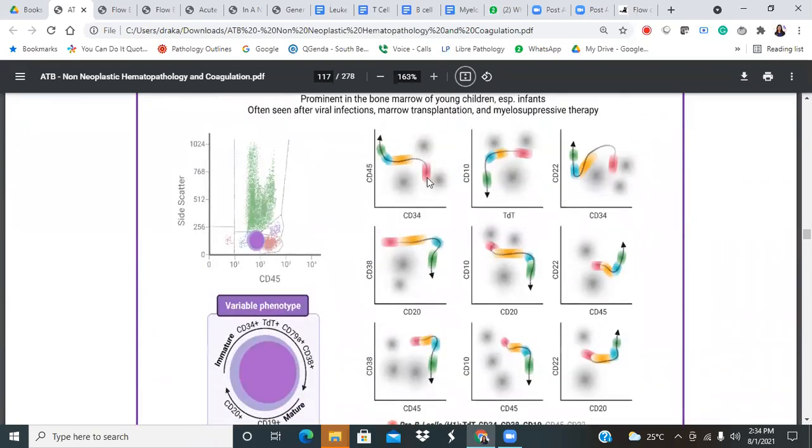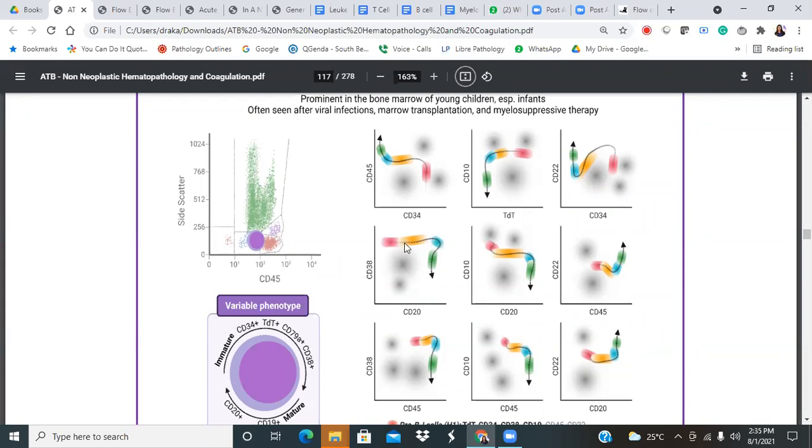So let's see over here what's going on. This is how the maturation is going on, and there is CD34 that is brighter in the early forms, which is lost as we go with the acquisition of CD45. And then the TdT is eventually lost, and the CD10 is eventually lost. And the CD22 gets acquired in the more mature forms, and there is a dip in the immature stages.